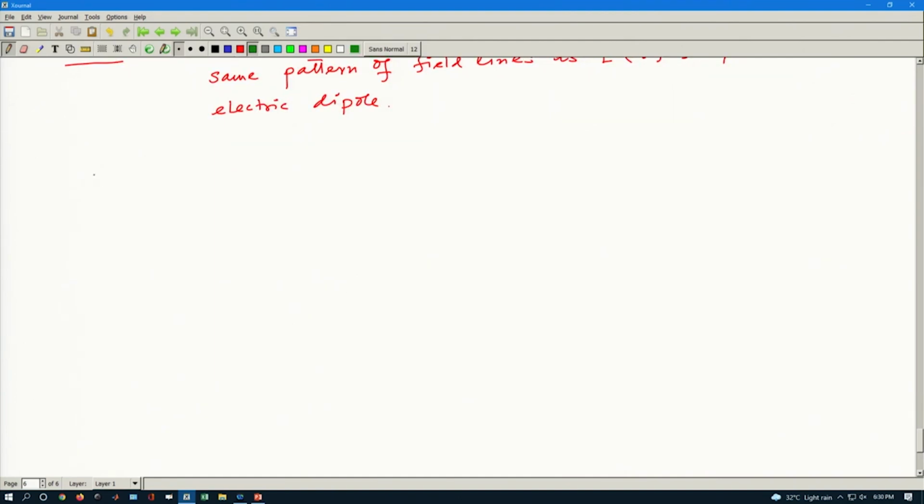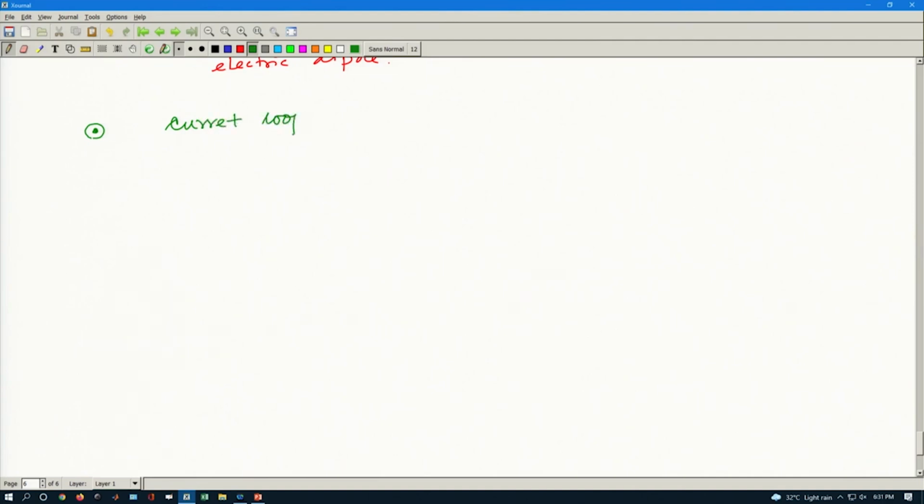Okay. After that, the thing that we do today is this. Like in the electrostatic case, we place the electric dipole in an external electric field. Here we will do a characteristically similar thing: we place the magnetic dipole, that is a current loop which gives rise to a magnetic dipole moment, in an external magnetic field.